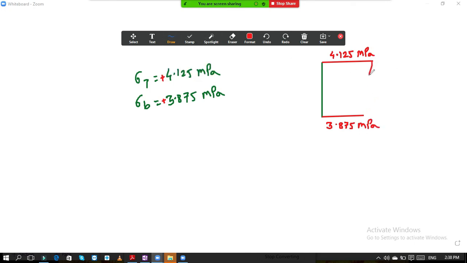And when you join these 2 points, this is your resultant stress diagram. This is sigma T, total stress at top. This is sigma B, total stress at bottom. And this is your resultant stress distribution diagram.